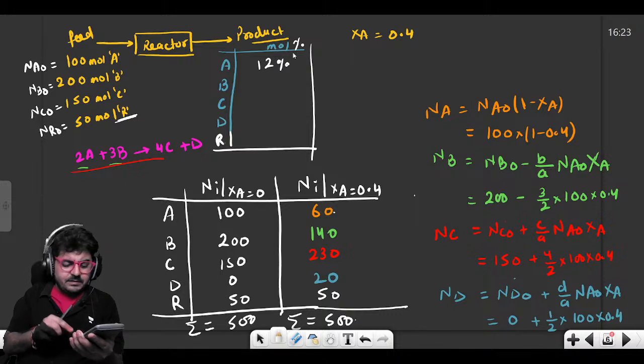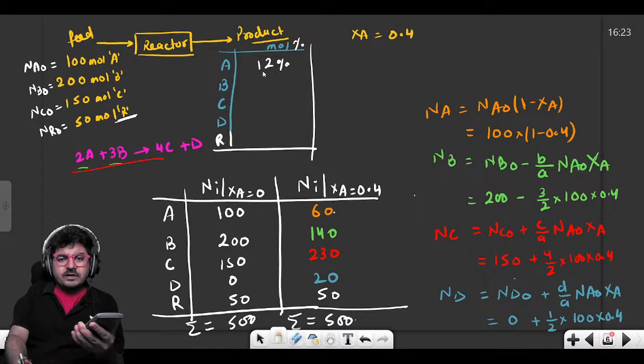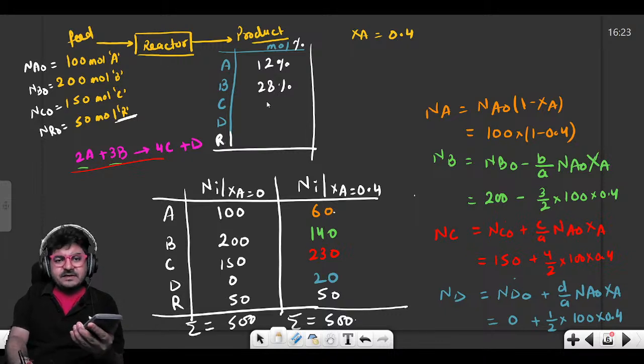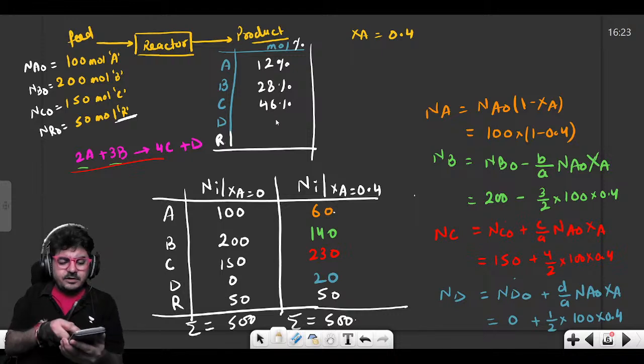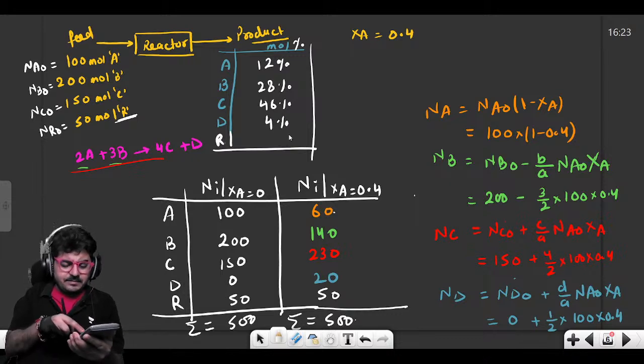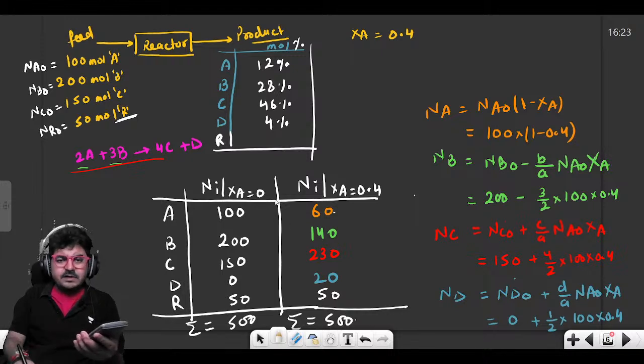For B, it will be 28%. For C, it will be 46%. For D, it will be 4%. And for the inert, that is R, 10%.